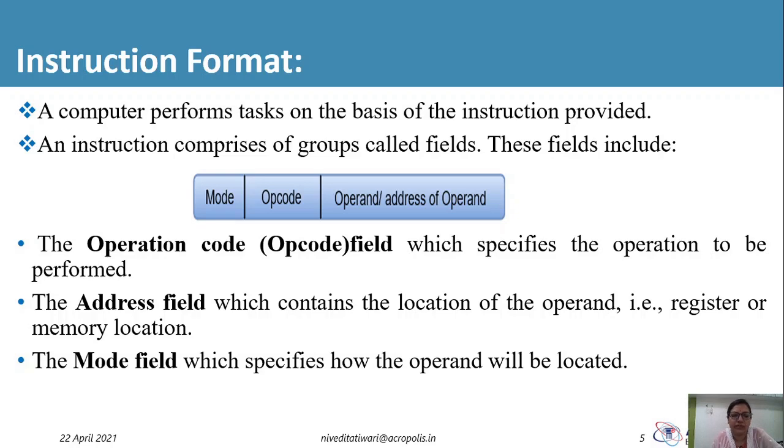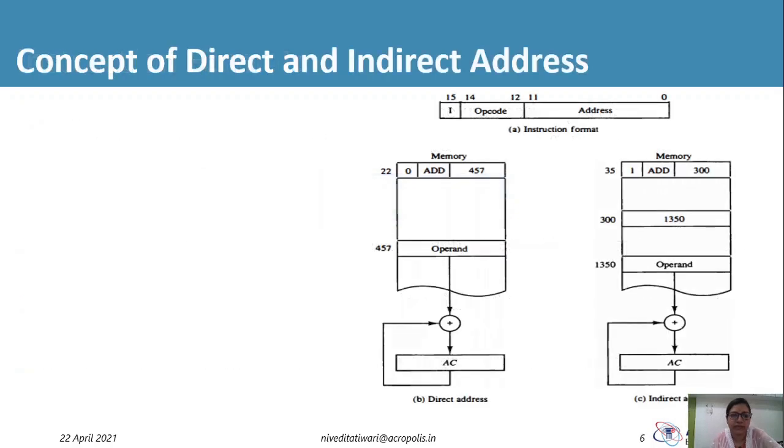Basically, this field specifies how the operand will be located, either in the memory or in a register. So this is the basic instruction format for any computer system, with which we provide any kind of instruction.